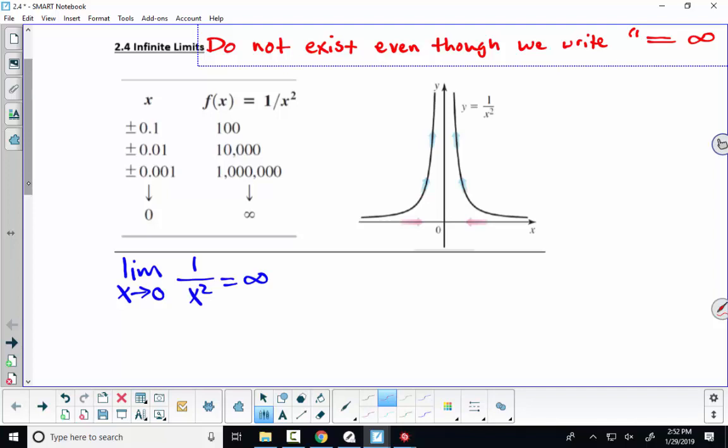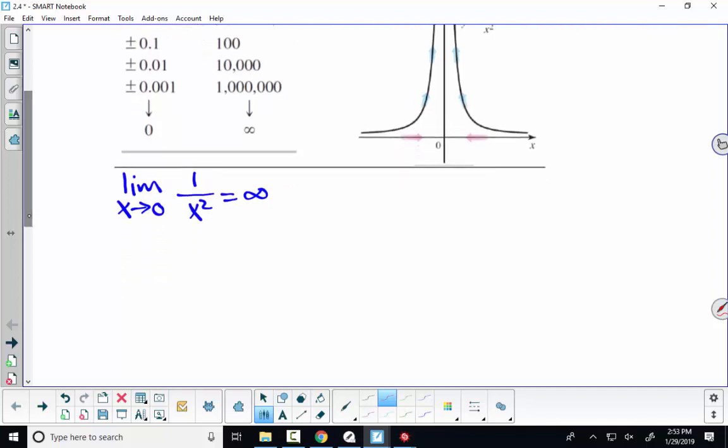If we know this function 1 over x squared is undefined at x equals 0, but we were able to simplify it algebraically and get a finite answer like 1 or 5, at that point we know there's a hole. But anytime you have a vertical asymptote, you're always going to have an infinite limit. So in fact, infinite limits are related to vertical asymptotes.